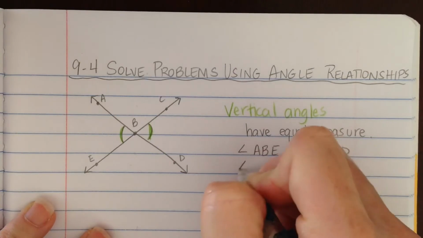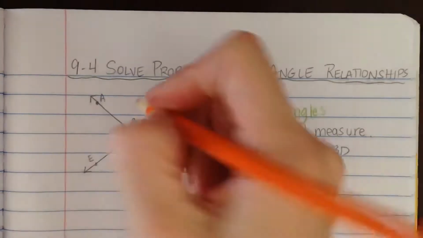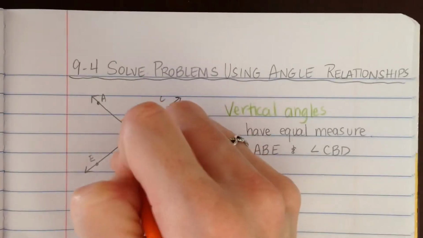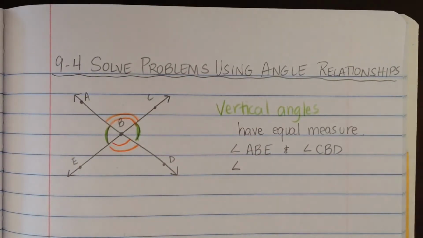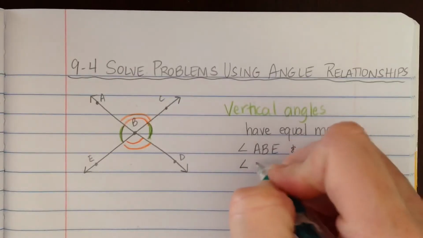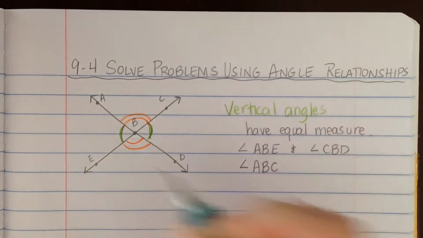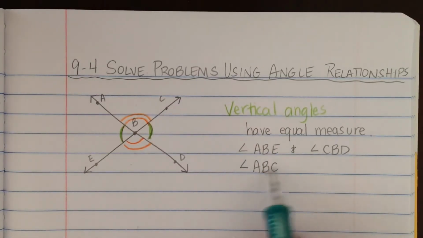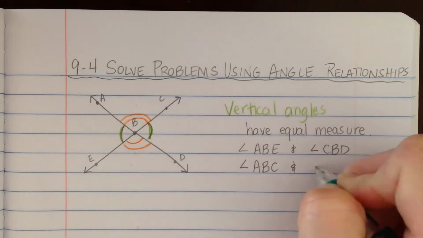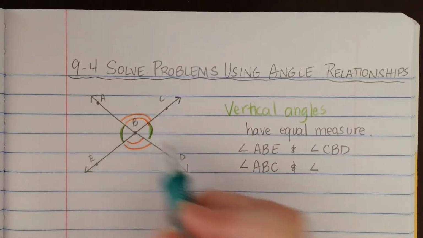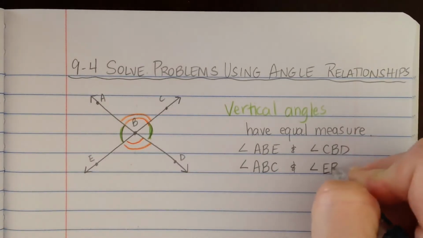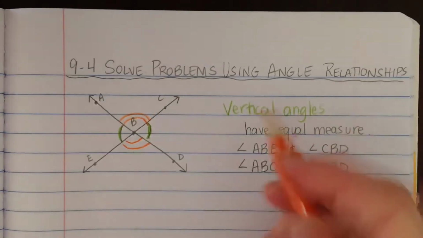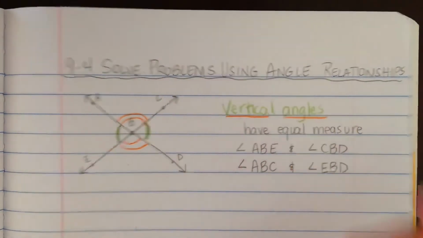We would also say that this angle here, and I'm going to use two lines because it has a different measure than that one, so angle ABC, the middle point of the angle always goes in the middle when you name it, and angle EBD are also vertical angles. That is what vertical angles are.